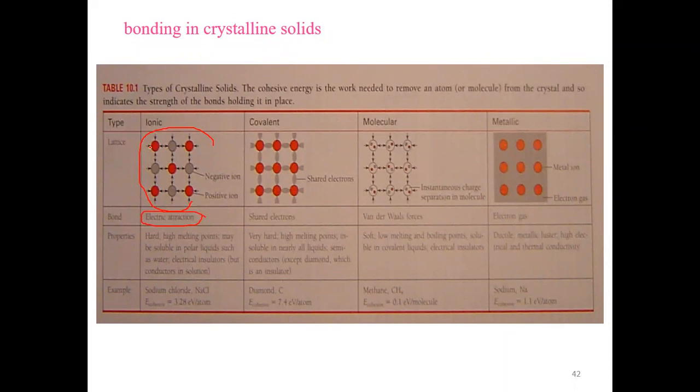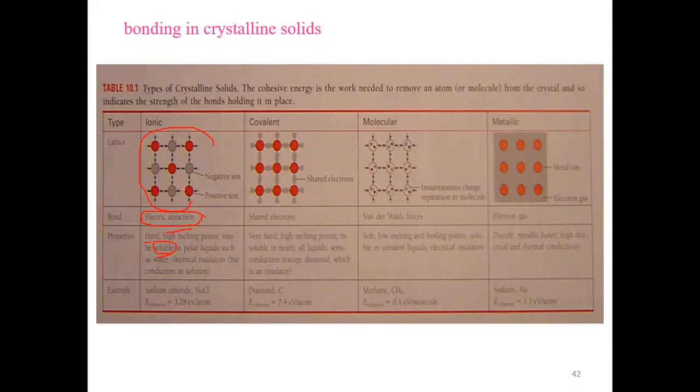And the materials having ionic bond are hard. When it is hard, or the bond energy is high, the melting temperature is also high. They are insoluble in some liquids, but they are soluble in polar liquids such as water or some acid.